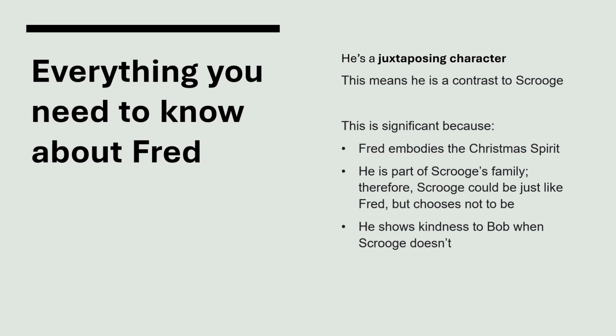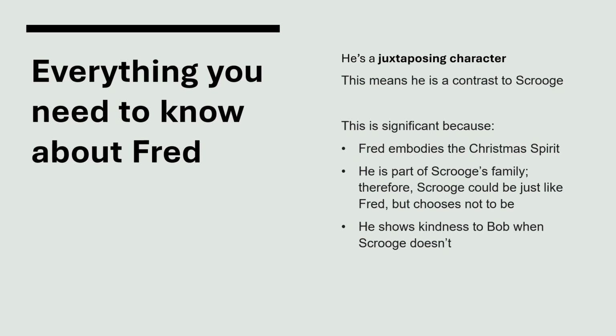Now, Fred also shows kindness to Bob when Scrooge doesn't. When he goes into the office, he actually does acknowledge Bob. And there's very little prejudice in Fred. If you've watched the Scrooge video, you would see that Scrooge believes the poor are surplus population.